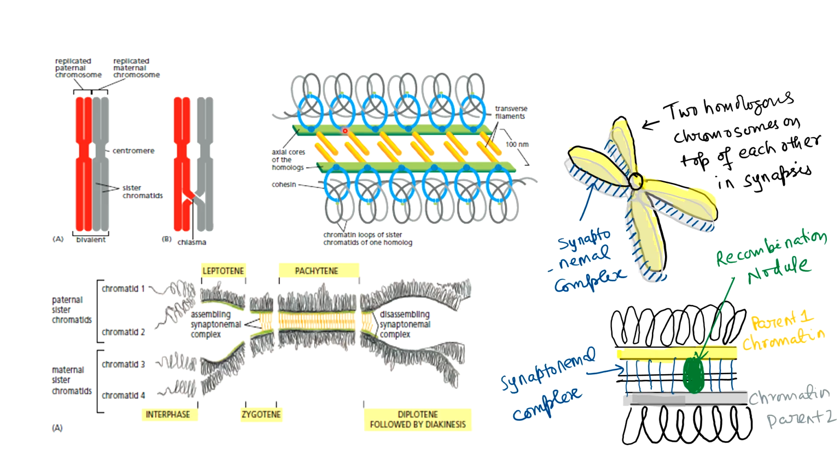Right, so this is how it looks under the electron microscope. These are the chromatin fibers, this is the synaptonemal complex. See, the two chromosomes during synapsis are actually on top of each other, and they form a recombination nodule, and exchange of genetic information takes place with the help of the recombinase enzyme.